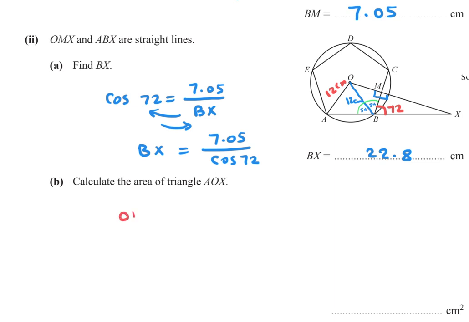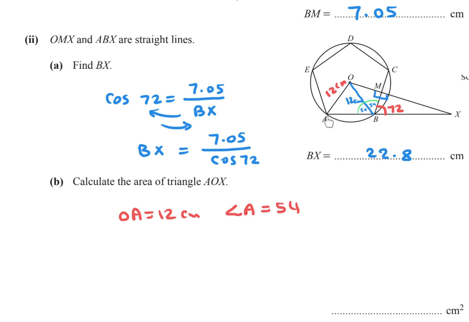So now OA equals 12 centimeters, angle A equals 54. Now if we can find AX, then we can find the area. For AX we have BX 22.8, so we need to find AB.